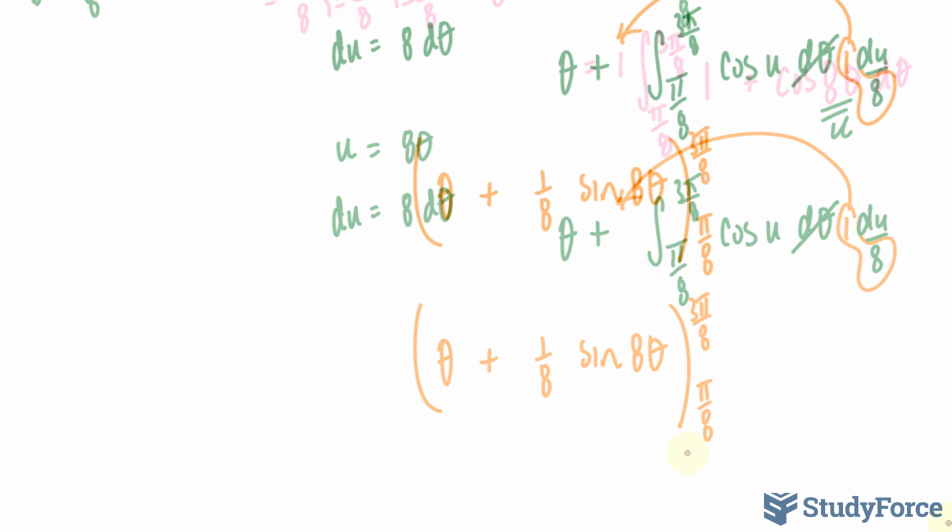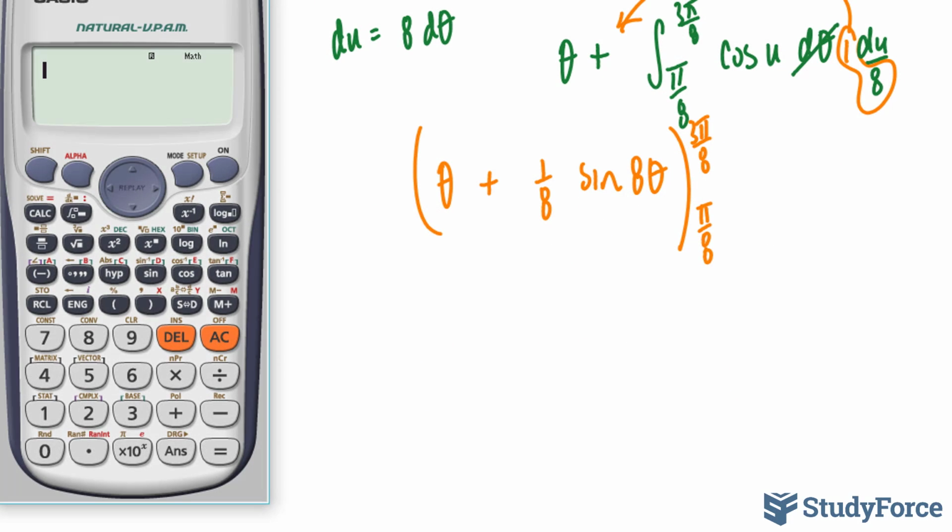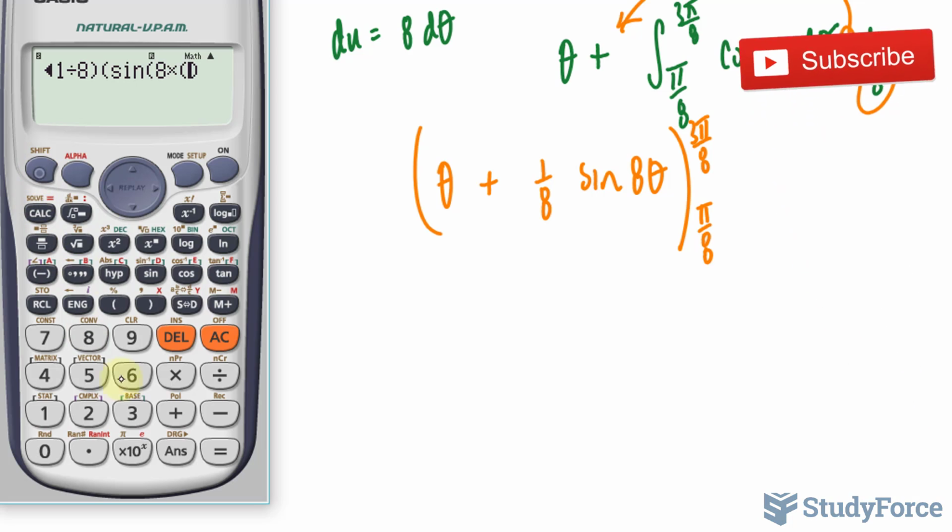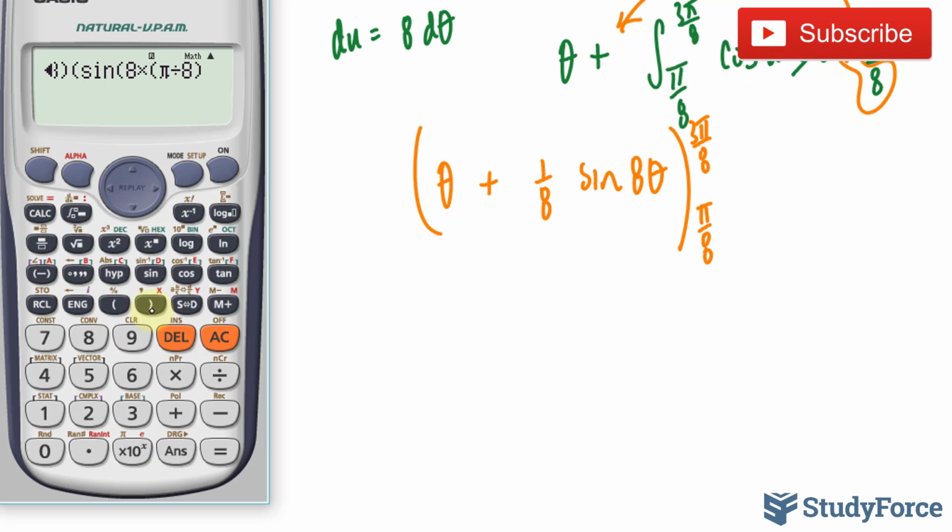We're almost done. Let's use our calculator for this. We have 3 pi over 8, I've just inputted it into there, plus 1 over 8 times sine of 8 times pi over 8.